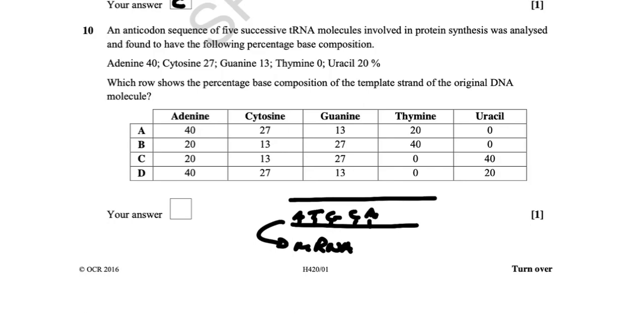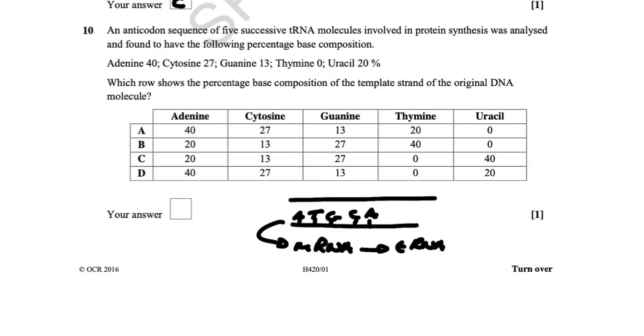Then the tRNA has anticodons which are complementary to the messenger RNA codons. So you've got tRNA which is complementary to the mRNA, and the mRNA has been made by the transcription from the complementary DNA nucleotides.